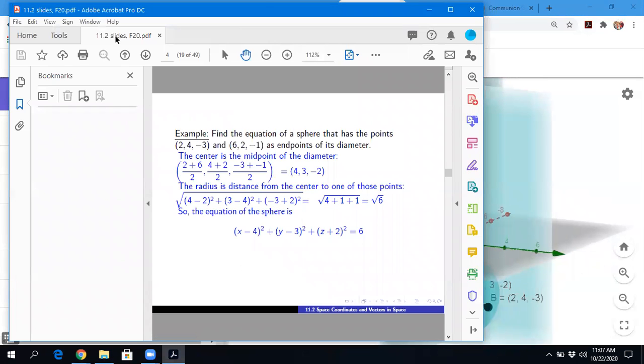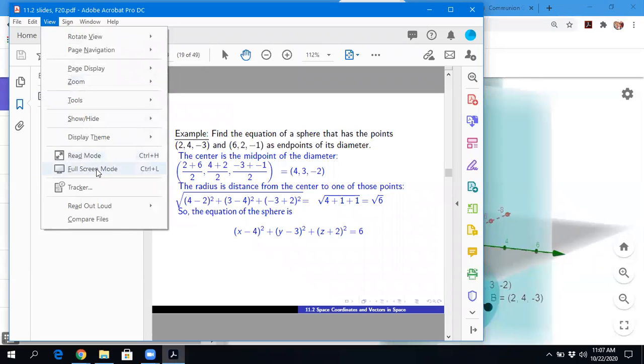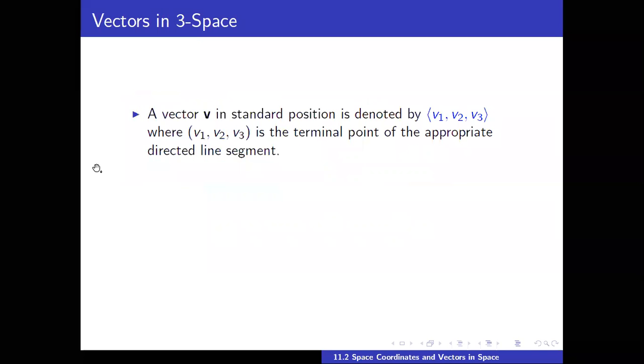All right. So let's move on and start talking a little bit about vectors. Okay. A vector, V, in standard position. In standard position, what that means is that it comes out of the origin, right?